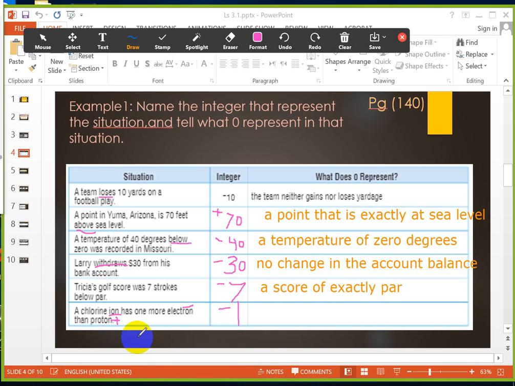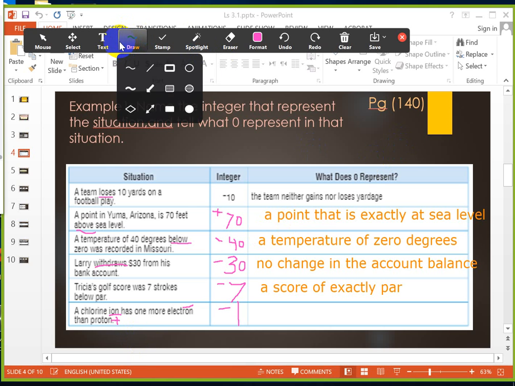So if I have 0, that means the number of electrons equals the number of protons.